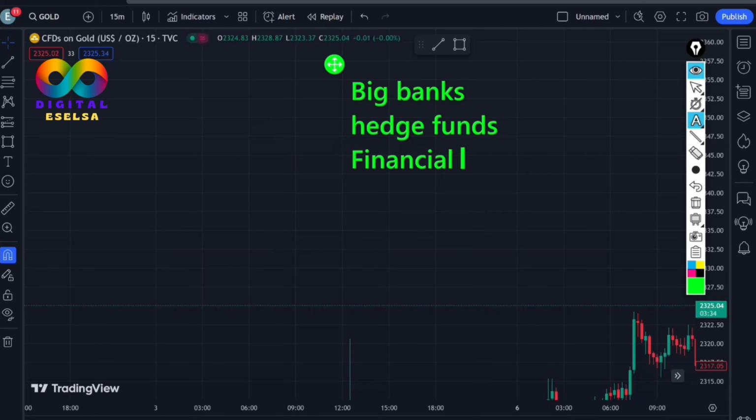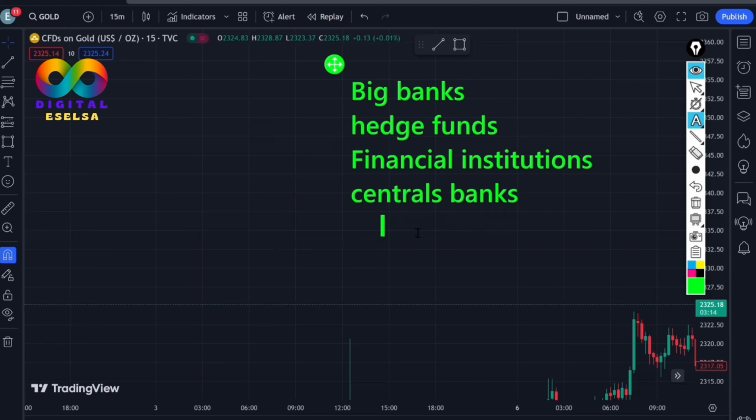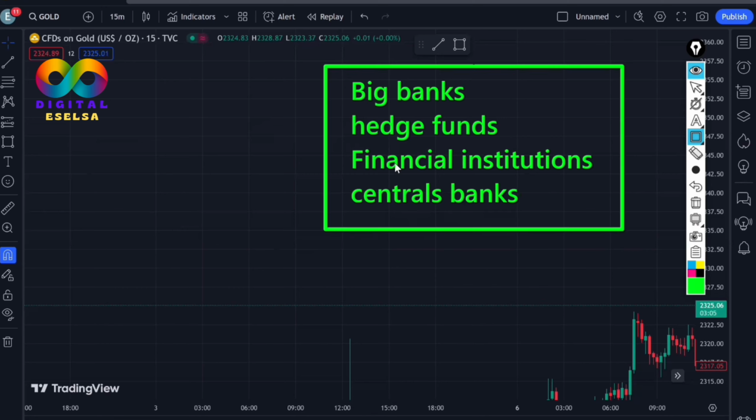Apart from these financial institutions, we still have the central banks of big countries, the central banks of big economies of the world. Just imagine the central bank of the United States or the central bank of the UK, or these big economies. These guys you are seeing here are the big players in this forex market. They have enough money, enough capital, to be able to move the market. Are you getting it now?